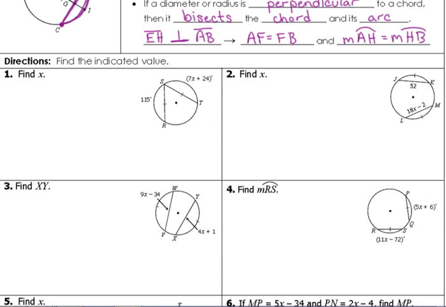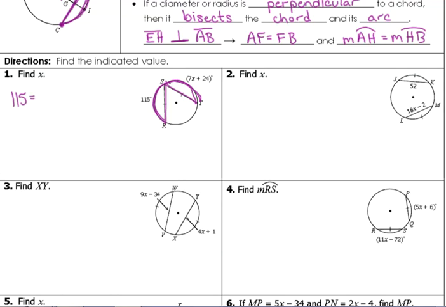All right, let's look at example 1. Find x. Let's look at what's given to us in the diagram. We are told that these two chords are equal, because remember that tick mark means that they have the same length. So our property says if the chords are equal, then their arcs are equal. So from R to S, from T to S, those are equal.